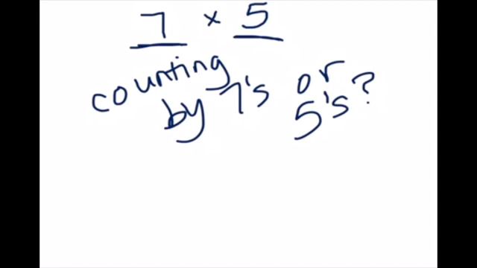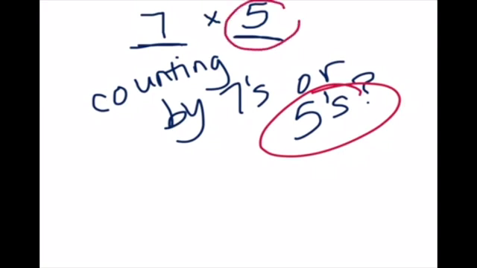But personally, and this is how I'm going to show you today, for this one I'm going to count by 5s. Just because we learned how to count by 5s in kindergarten, and we have been counting by 5s for so long. And I think that's the one that makes more sense for me. But hey, if you are more comfortable with counting by 7s, you can absolutely do that. But let's do our counting by strategy.